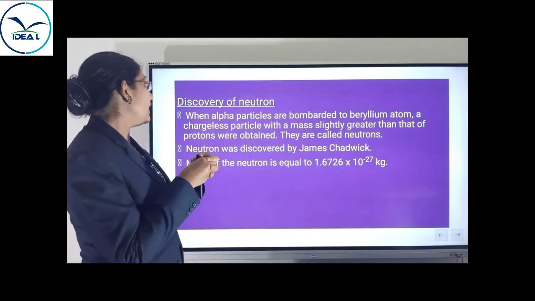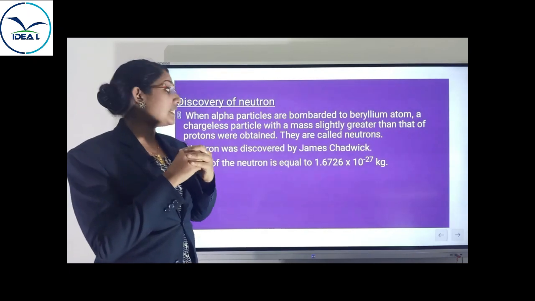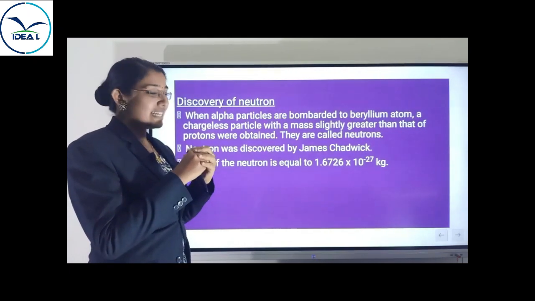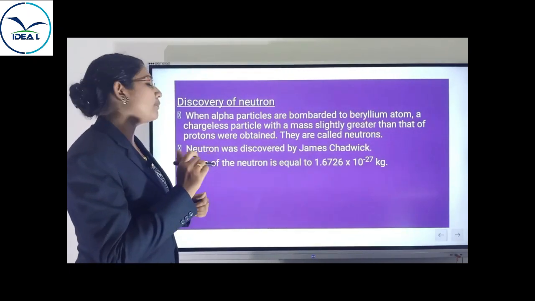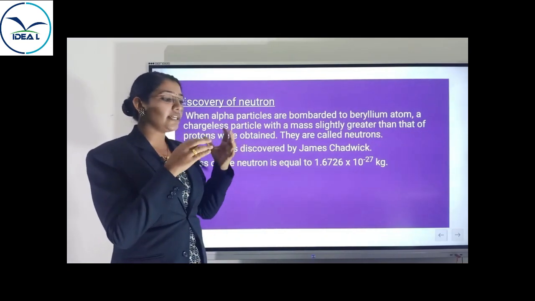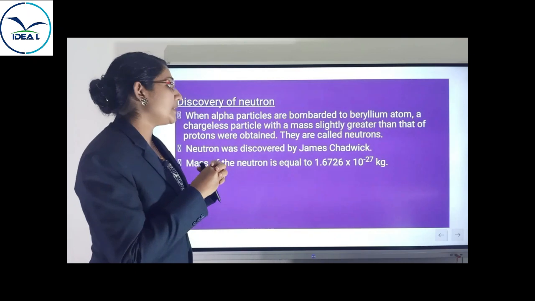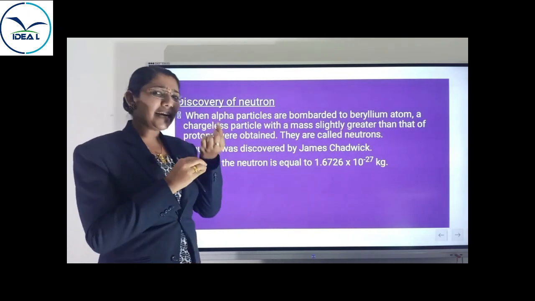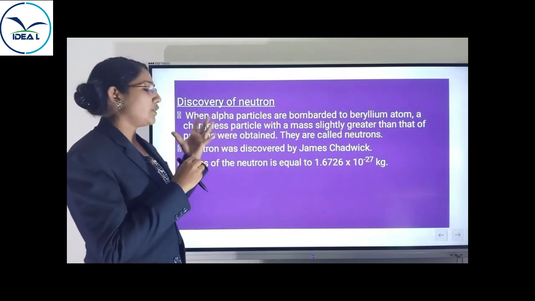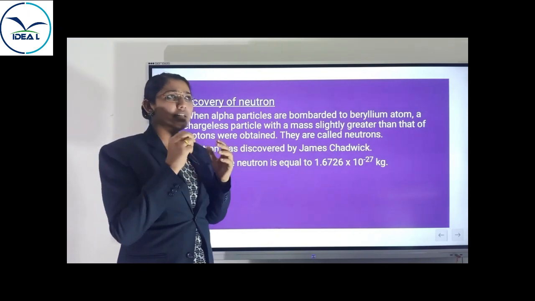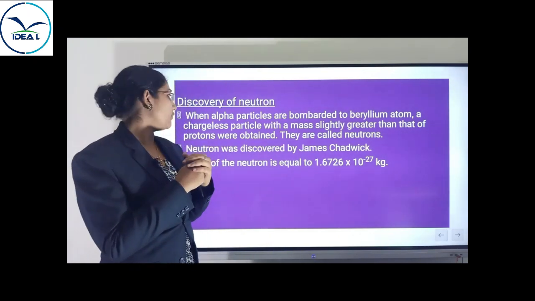What happens? A chargeless particle with a mass slightly greater than that of protons is formed. What is the speciality? Its mass is slightly greater than that of protons, or it just shows a resemblance to that of protons.